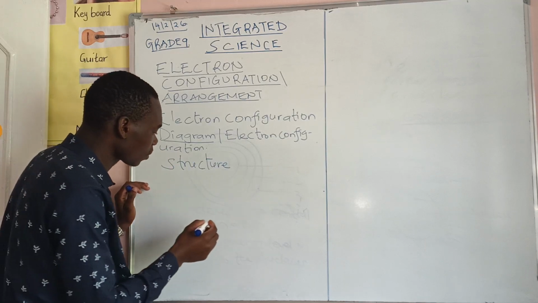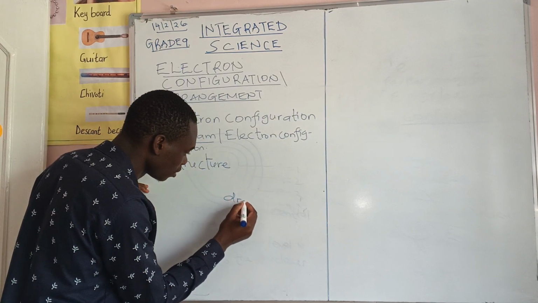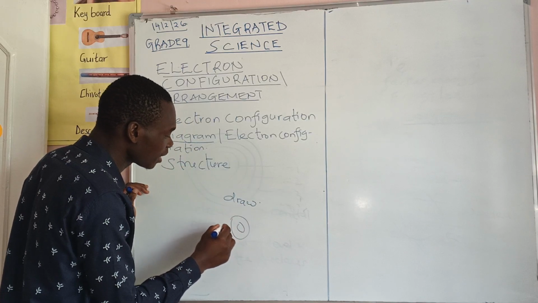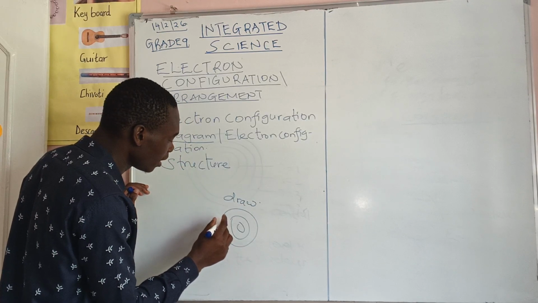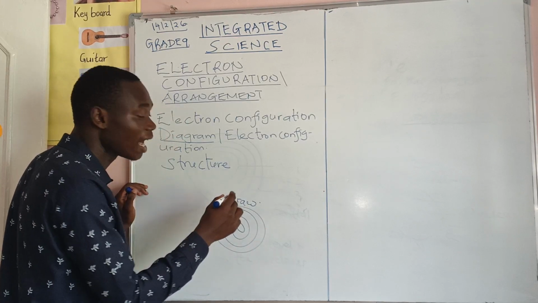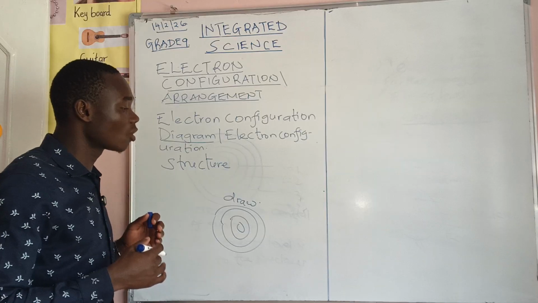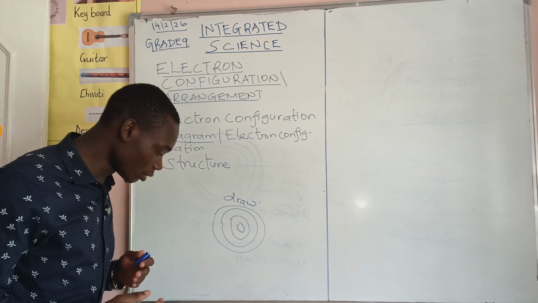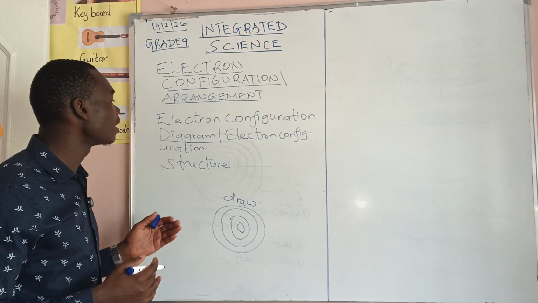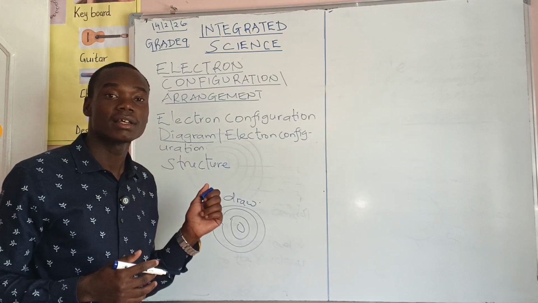In that case, you are to draw, beginning from the nucleus, the first energy level, the second energy level, the third, and so on. So remember, we're going to draw. That is what we refer to as diagram, or rather structures.